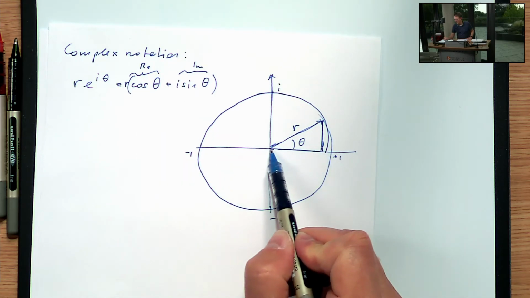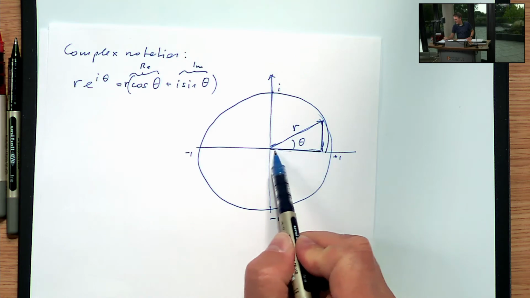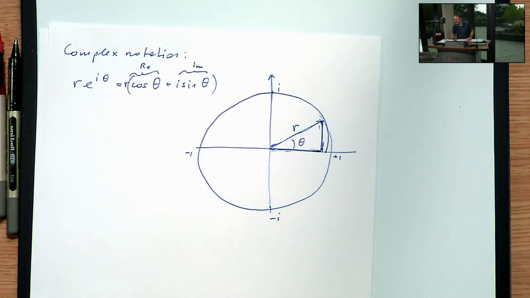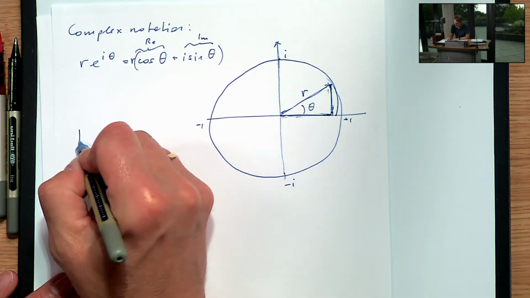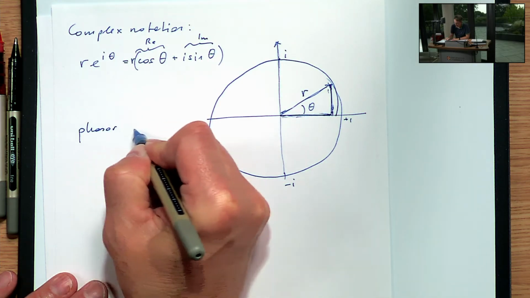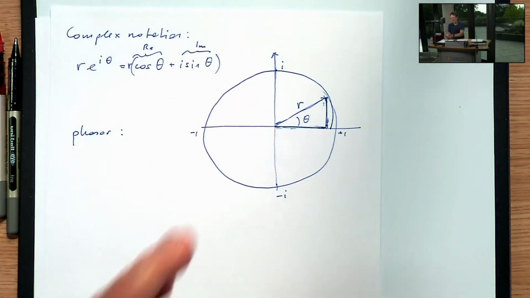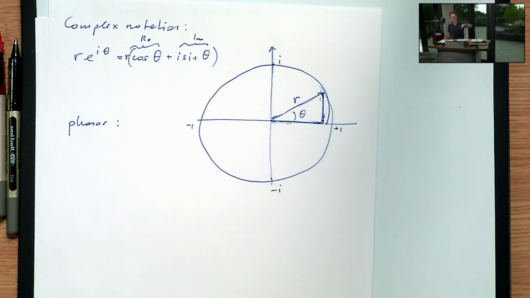The real part of this complex number is the projection onto the x-axis. The imaginary part is the projection on the y-axis. Now this is often called a phasor because you can rotate this phasor in time, and then the projection of this, as you may have seen, if you move it in space, gives you a perfect sine wave.